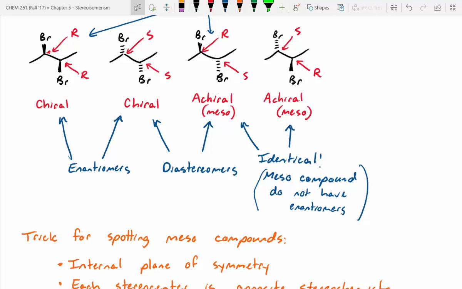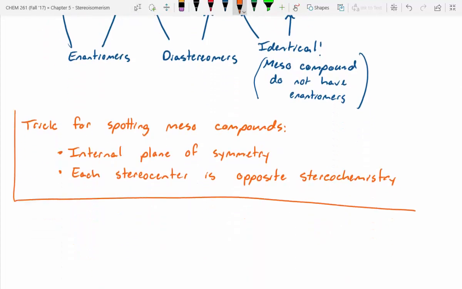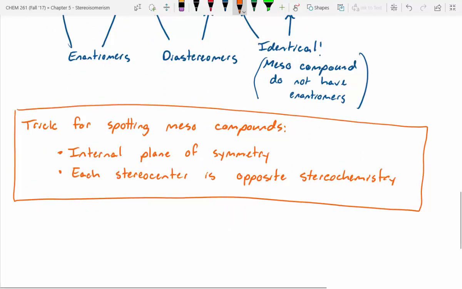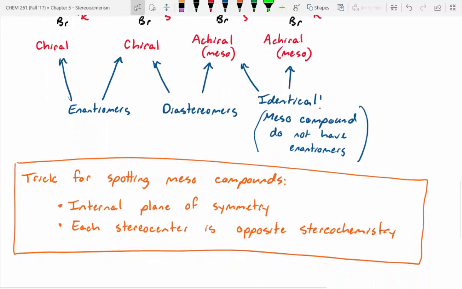So that's a really quick and easy way of spotting a meso compound if you have trouble visually changing it or rotating it. What's that? Yeah, exactly. So you see how both of them have bromines coming off the 2 and 3 position? One's R and one's S. That's a really quick and easy way, where the other ones were RR and SS, excuse me. All right, does that make sense?